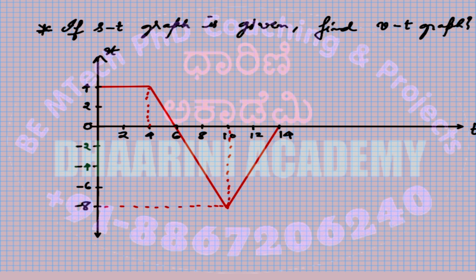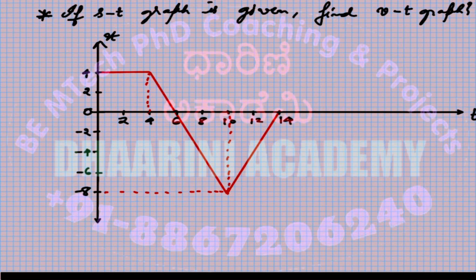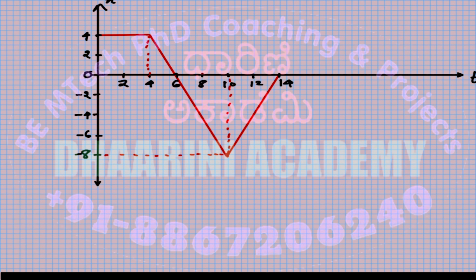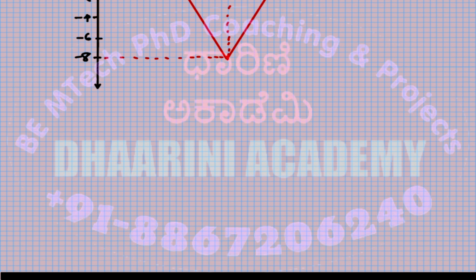In order to get the VT graph, you are supposed to find the change in x divided by change in t, right? So this is actually pretty straightforward, right? Only when there is a change we get the answer in this graph. Okay, let's go to the answer graph.